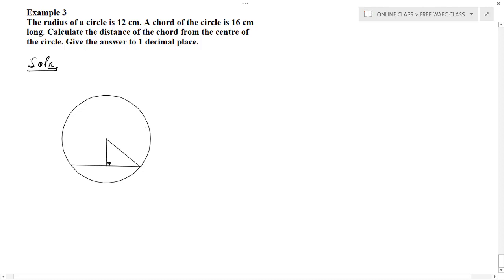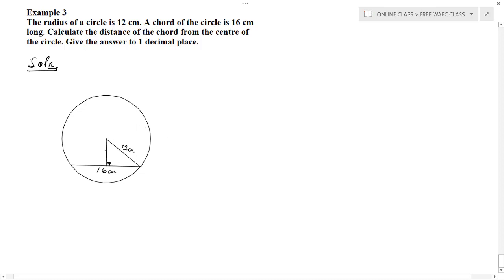The question says that the radius of a circle is 12 centimeters, and a chord of the circle is 16 centimeters. Calculate the distance of the chord from the center of the circle, giving your answer to 1 decimal place.